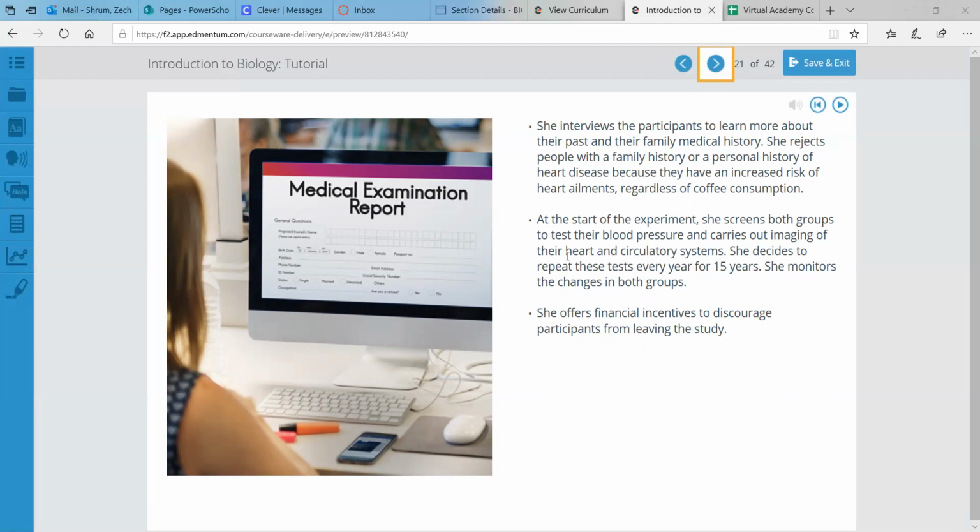Because if your family has history, it's more likely that you're going to have that, and you could mess with the results, because that's regardless of coffee consumption. So she screens both groups to test their blood pressure, takes pictures of their heart and circulatory systems, and she does this 15 years. That's a long time, but these long-term experiments can be very useful.